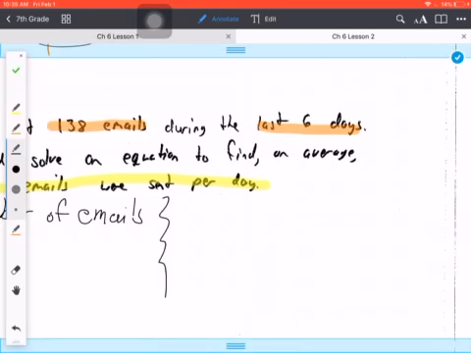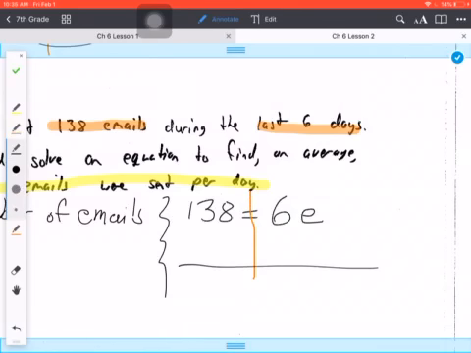Which means 138 is equal to 6 times the number of emails that are sent per day. I'm going to create my line down the middle. And what I have here now is 6 times e, so in order to solve for just e, I'm going to create a fraction where the denominator is 6, because this simplifies to just e. 138 then also needs to be divided by 6, and what that will be equal to is 23.